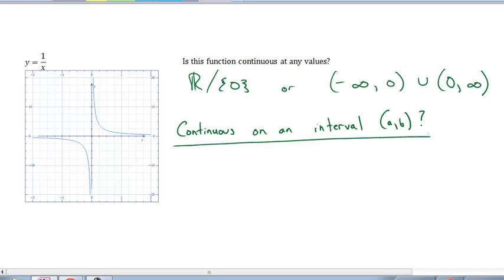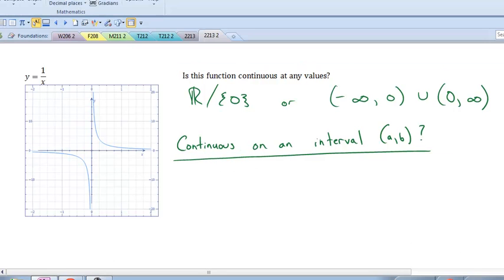Well, if we're going to be continuous on the interval a b, the following things must be true. If we just want to be continuous on the open interval a b, then all that matters is that for all c which are in that interval, which are elements, that's not epsilon anymore, that's the elements of a b, f of x is continuous at c.